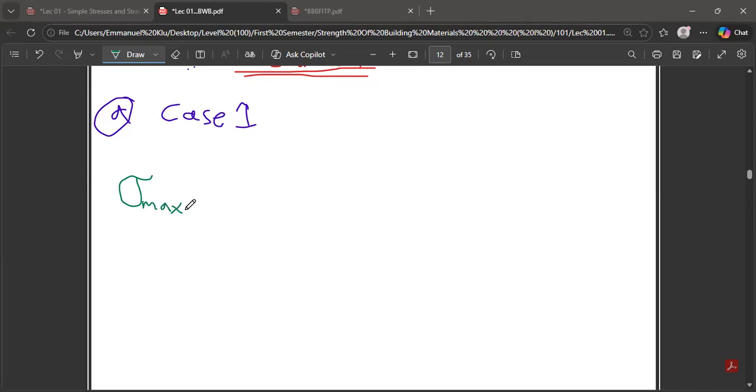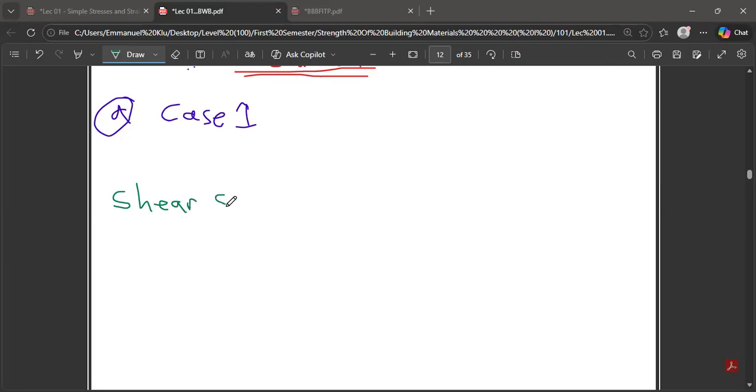That is the maximum shear stress. But take note that it's true that I'm calculating for maximum stress, but the word shear that is added to it brings about a concept. I'm going to take you back to the slides for you to see it for yourself, so that in future it doesn't affect you.